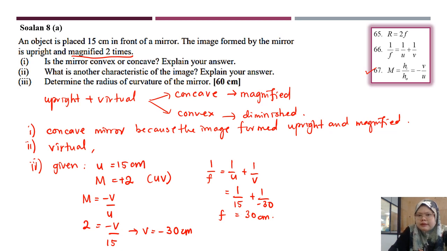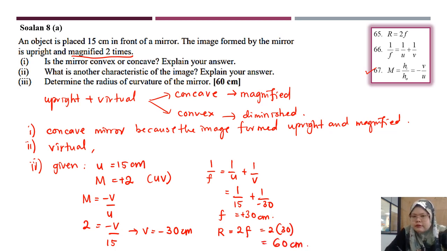So bila dia concave mirror, so focal length dia mesti positive. So you want to find the radius which is equals to 2F. 2 kali 30. So you will get here equals to 60 cm. Alright, so focal length untuk concave positive, so radius dia pun positive.